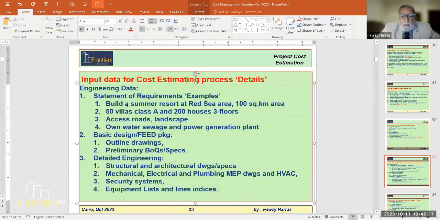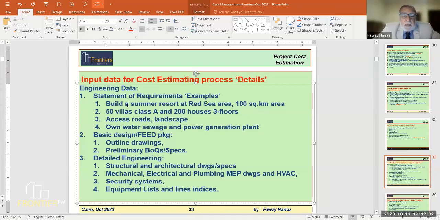So this is the statement of requirement. We need to read it carefully and understand. The more knowledge we have, as I said at the beginning, the better quality the estimate will be.